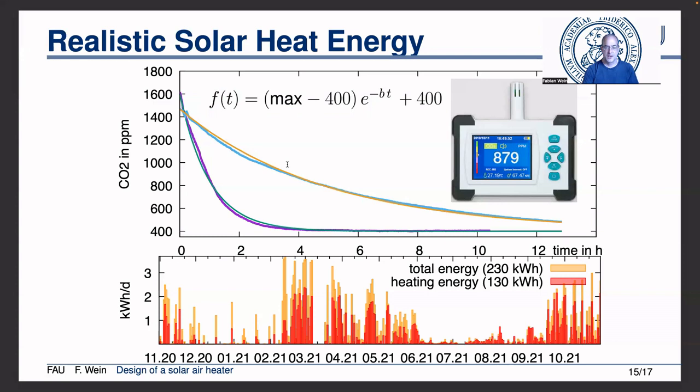fan. In total, I got for one year a heating energy of 130 kilowatt hours, where heating means only what I heat above the temperature I already have. When I consider the total solar energy, so from outside temperature to inflow temperature, I get 230 kilowatt hours.